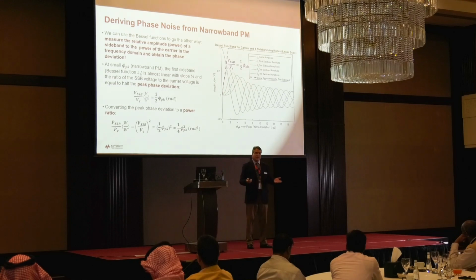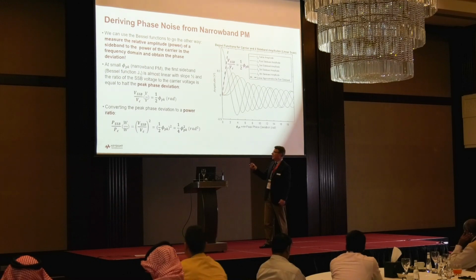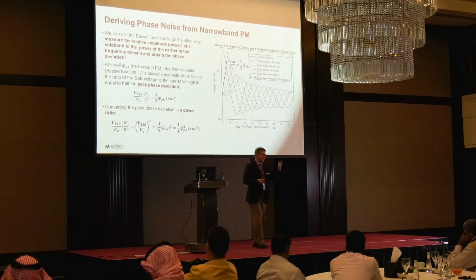Now, if we want to make the measurement of the relative amplitude, we just do the simple math here, and we can make the approximation to a great degree of accuracy that the ratio of the sideband amplitude to the amplitude of the carrier, V sub c, is 1/2 times the peak phase deviation in radians. So that's the voltage ratio. And as I mentioned before, phase noise is actually a power measurement. So we want to convert that to a power ratio.